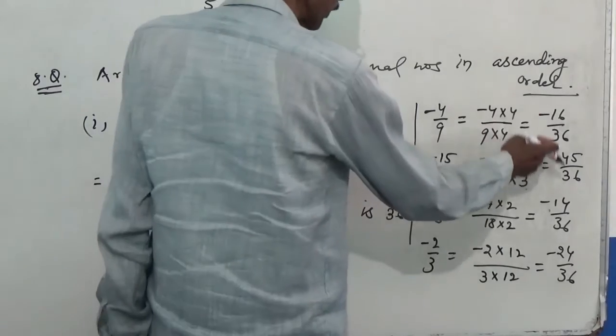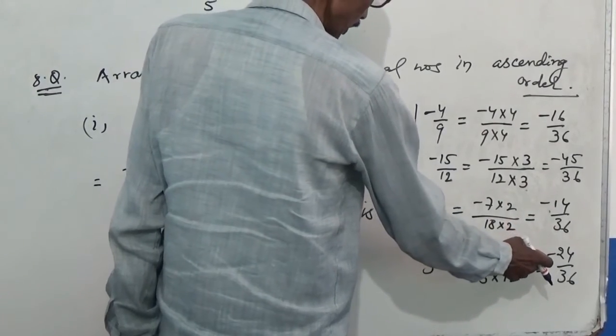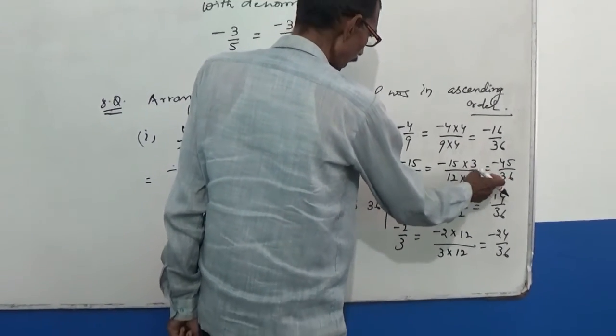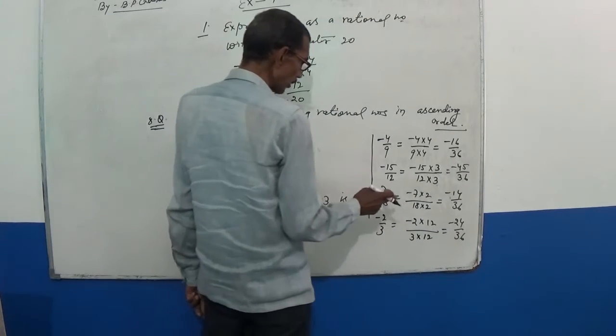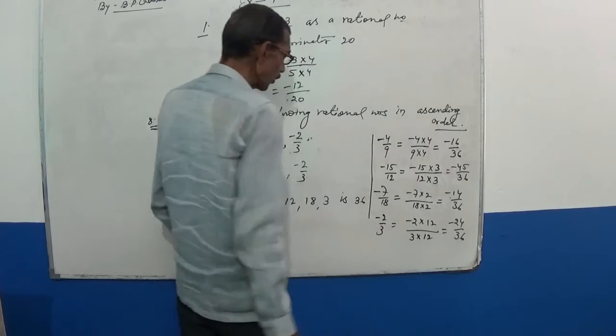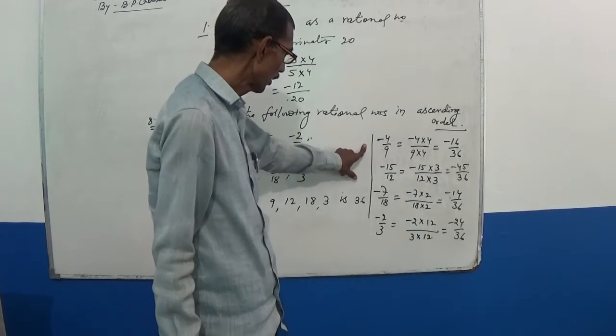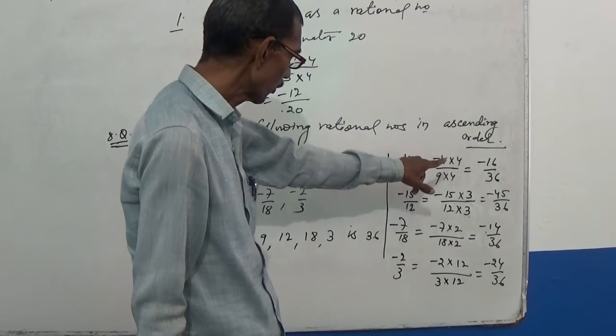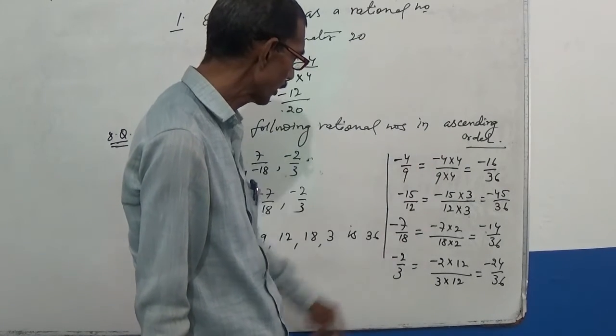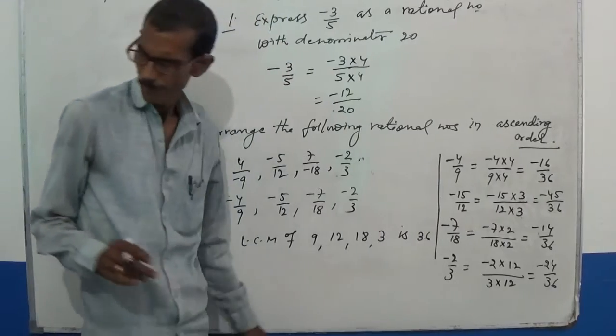Now I have changed their denominators to the LCM of their denominators, 36. Now you can easily determine by seeing their numerators only.